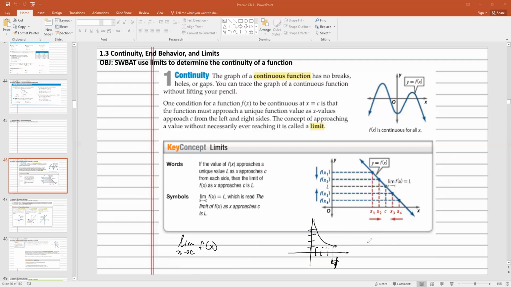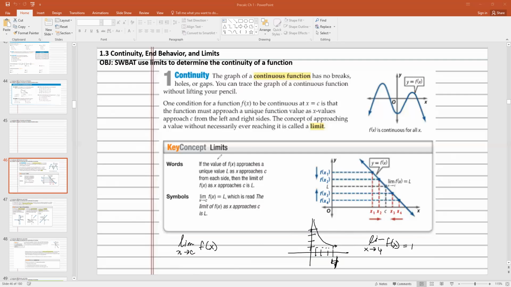So the limit of f of x as x approaches 4 is about 1. And we'll talk more about that later.